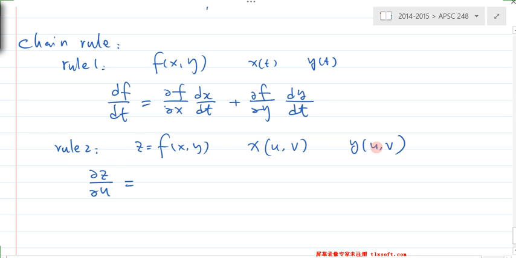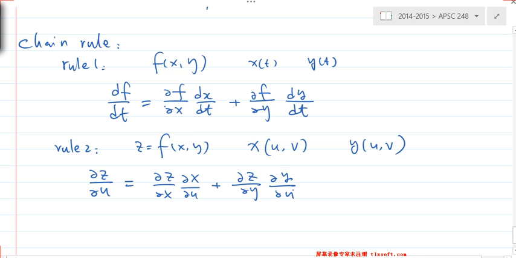when you substitute x and y here, the function f ultimately will be a function of u and v. Then df over du, or dz over du, will equal dz over dx first, then partial x over partial u, plus partial z over partial y, and partial y over partial u.